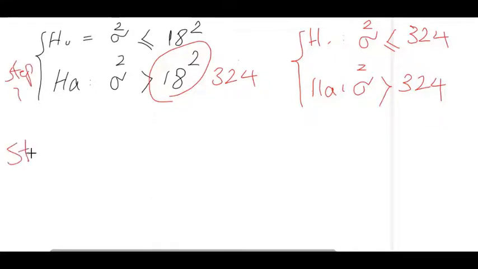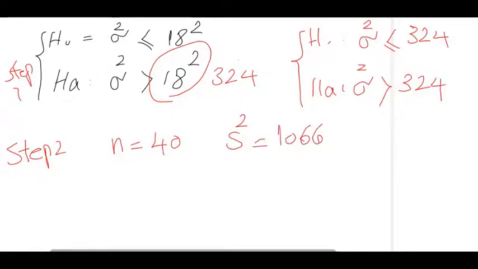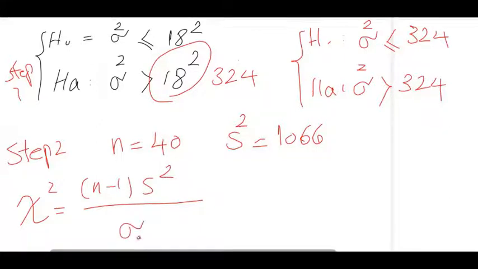So in step 2, again n is equal to 40 and S2 is equal to 1066. So we have a chi-square test statistic: n minus 1 times S2 divided by sigma 0 squared.